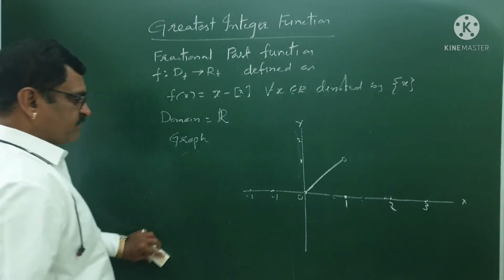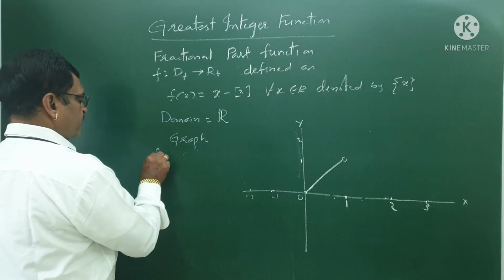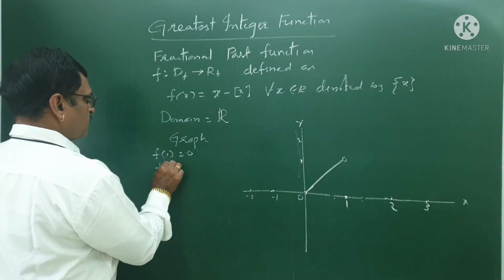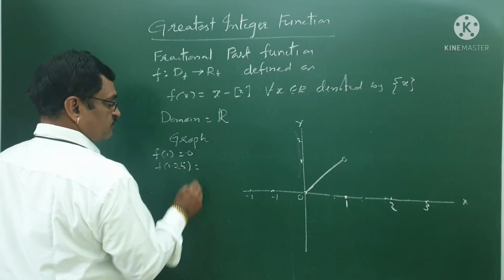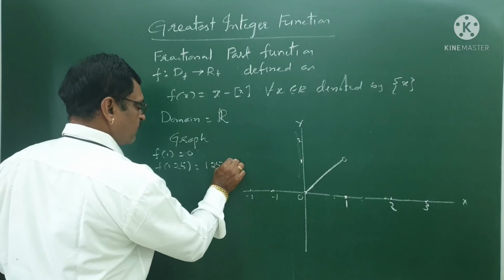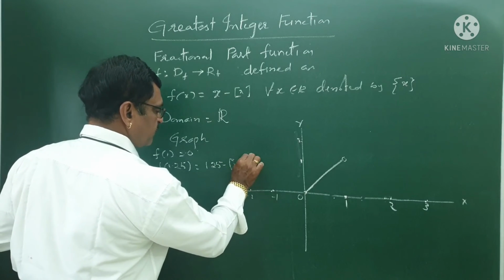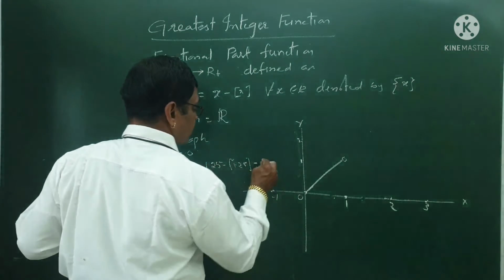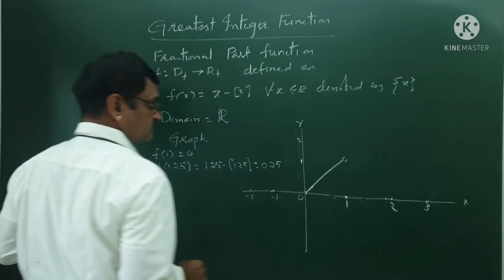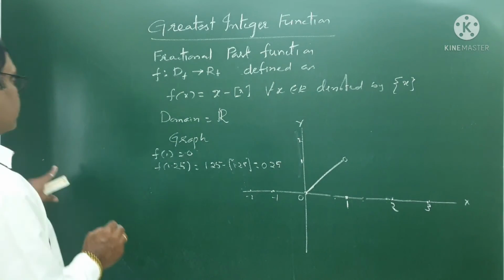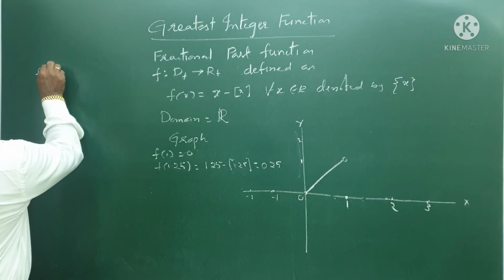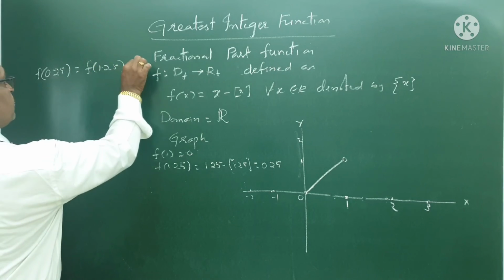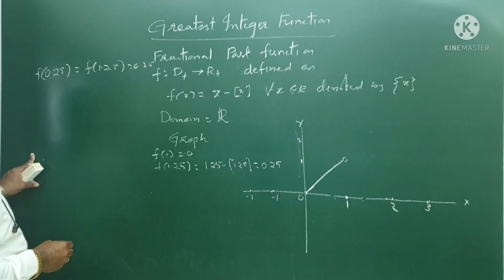Next one. We check the graph between 1 to 2. Already we have f of 1 is equal to 0. I will take the same values. F of 1.25 is equal to 1.25 minus integral part of 1.25, which is 1. So 1.25 minus 1 is equal to 0.25. So f of 1.25 is the same as f of 0.25.